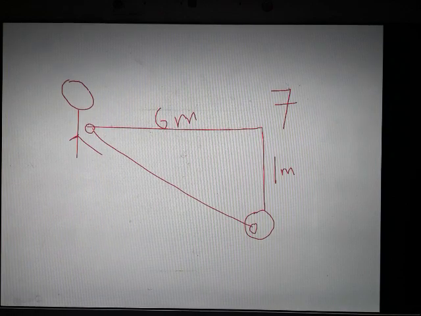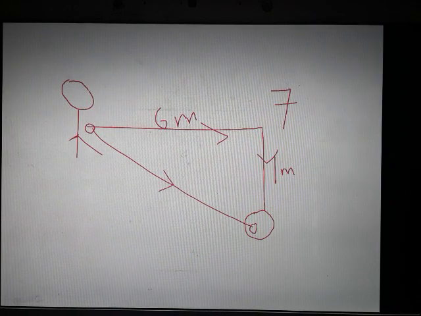So this path length, 6 plus 1, is your distance, and this shortest length is your displacement. The actual path covered is your distance, and the shortest distance between two positions or two points is your displacement. So displacement is the distance between initial and final position.